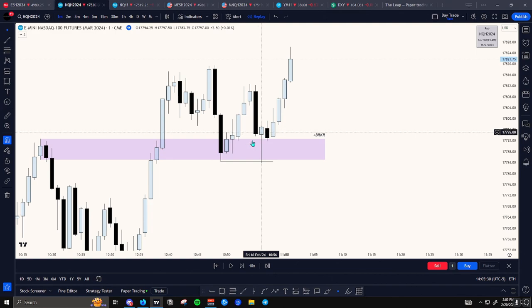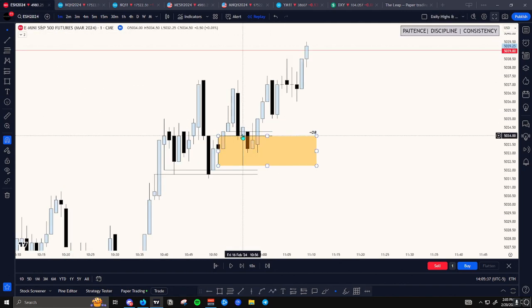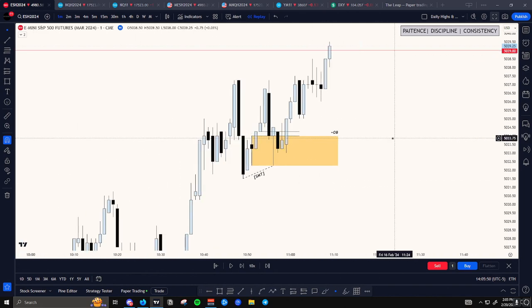The only difference is that NQ runs this low, which now creates SMT, and you can see ES fails to take this low, which is bullish SMT, and that is when you can anticipate this low to be untouched if we're going to continue higher, which is our draw on liquidity.